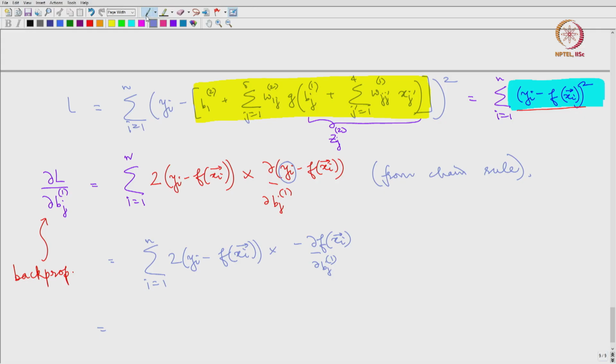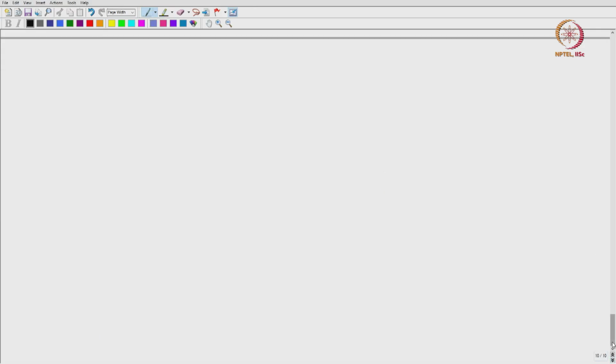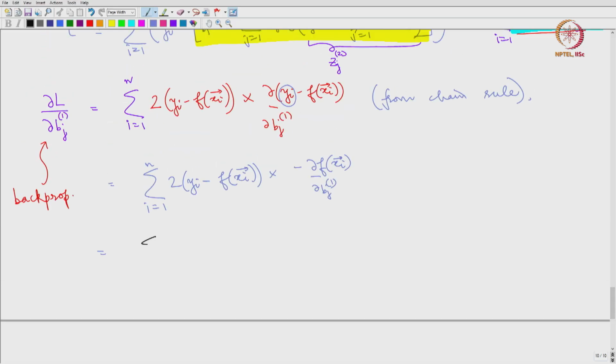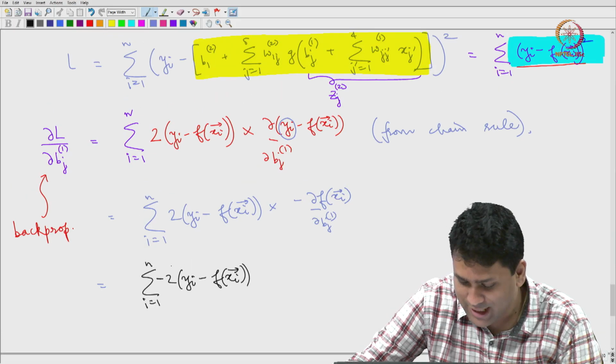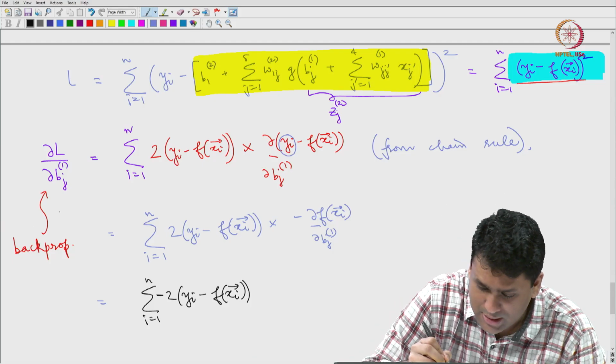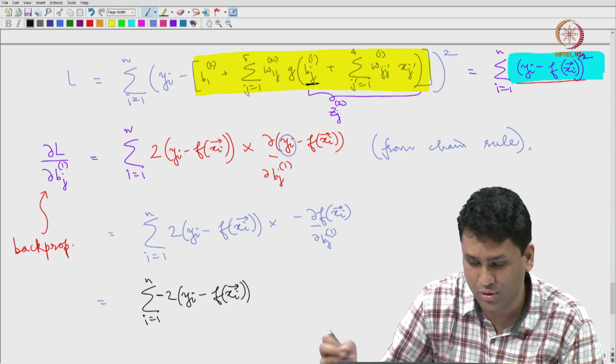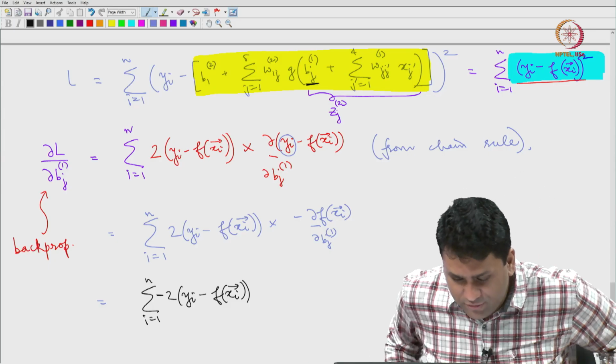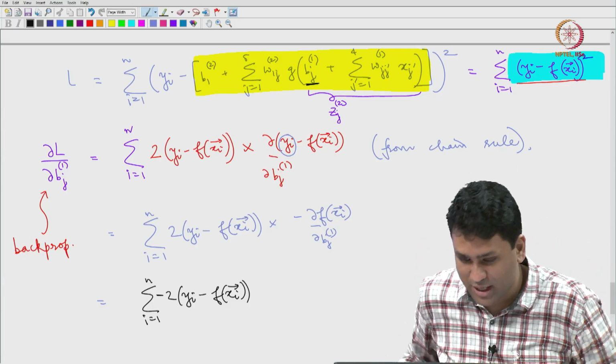Then you will have the sum over i going from 1 to n of 2 times (yi minus f of xi), and of course you also have the minus here which I am bringing to the front, and del f del bj1. So, del bj1 is appearing only here, so you have to differentiate this whole f with respect to that.